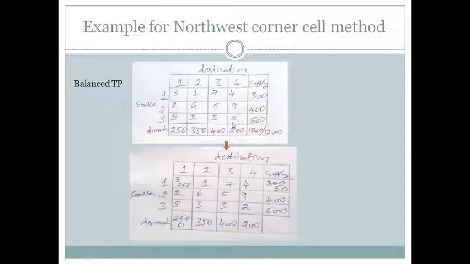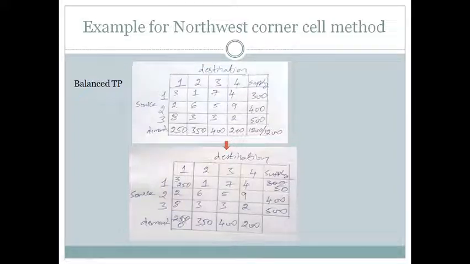So what is our first step? In the northwest corner cell method, in this matrix we select the northwest corner cell. I have taken this cell and compared the corresponding supply value and demand value, and selected the minimum as the X value.